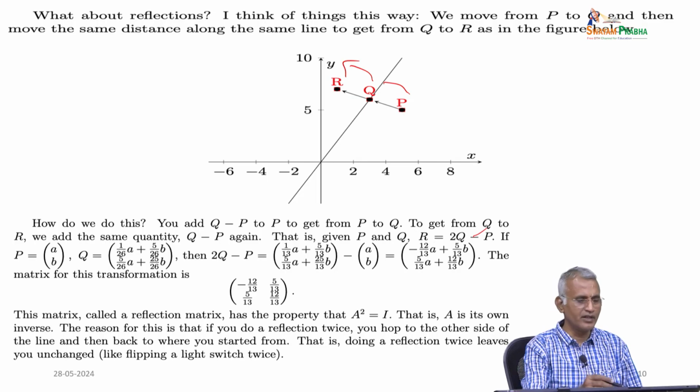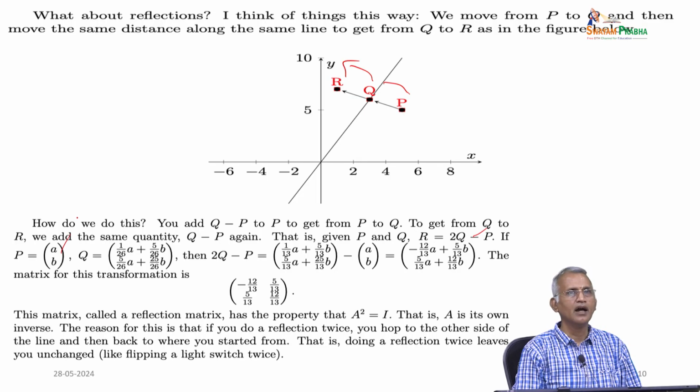So, if P has the coordinates (A, B) and Q we already deduced as (1/26 A plus 5/26 B, 5/26 A plus 25/26 B), then 2Q minus P can be generated.